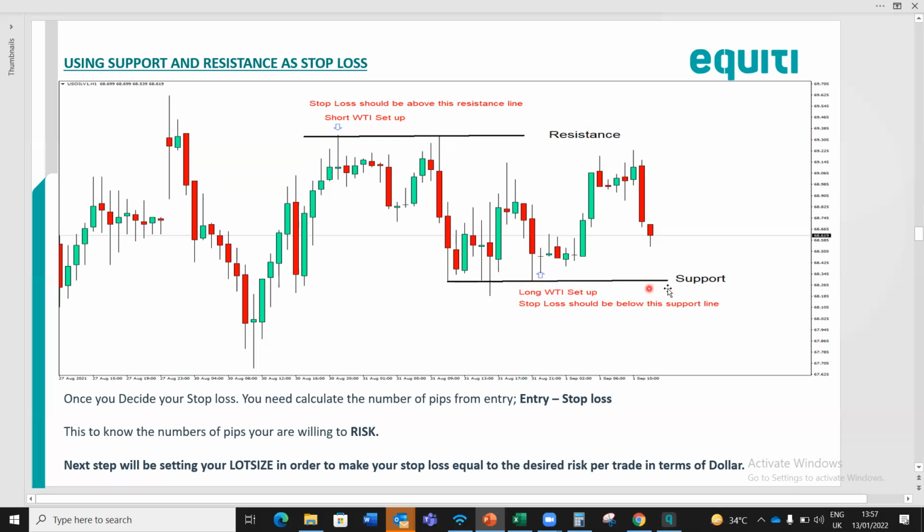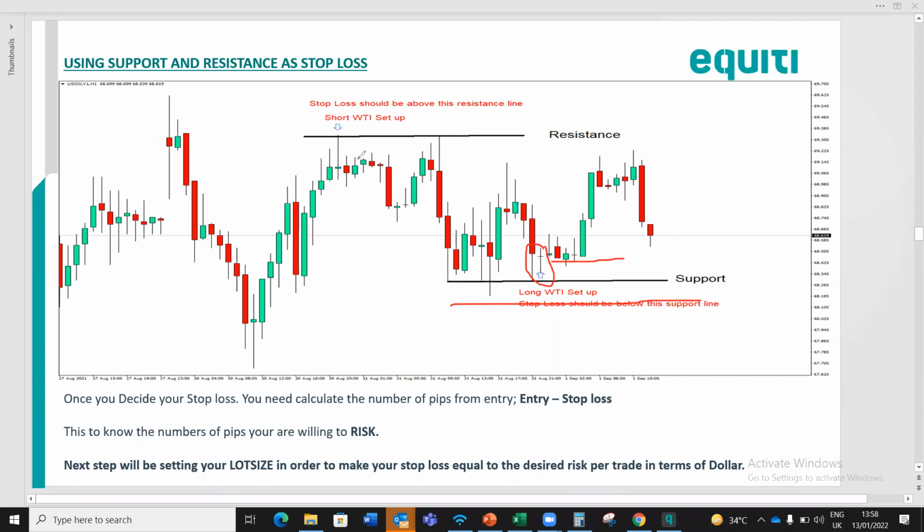Of course, we have found this support line, so we place our stop loss below it, somewhere around here. That's the right place to put our stop loss, and then we take our buy position after discovering the trade setup. By this, we are safe if the market should experience any pullback.